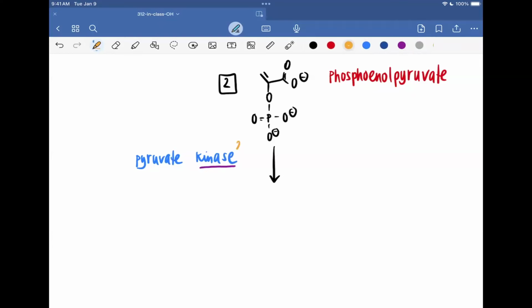So we'll see 2 ADP molecules being converted into 2 ATP molecules, which suggests that we have another substrate level phosphorylation process in which we're going to see our final product of pyruvate, where we have a carbonyl at carbon 2 and our carboxylate at carbon 3. Excuse me, I've numbered that incorrectly. We have carbon 1, 2, and 3 here. And so this is our pyruvate molecule.